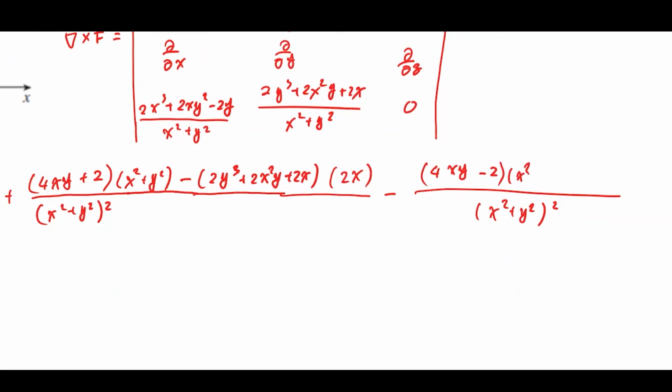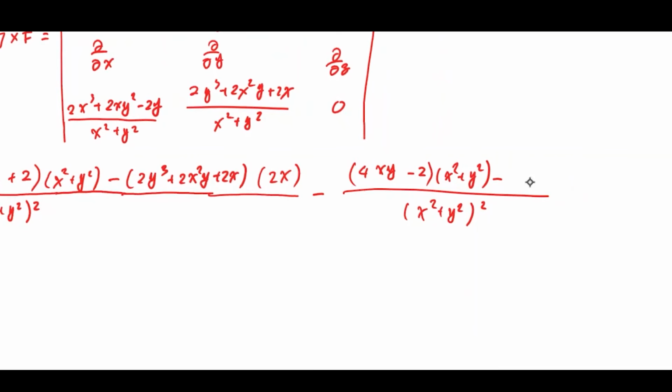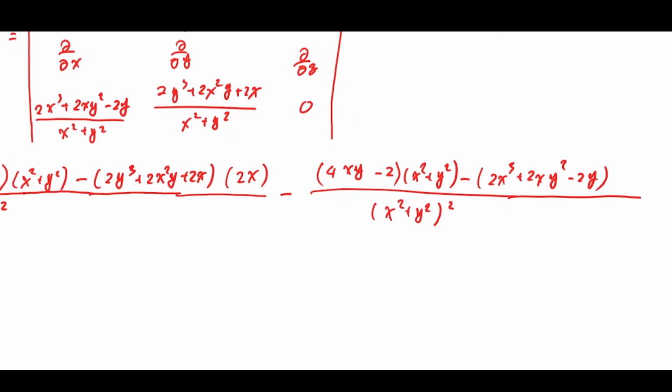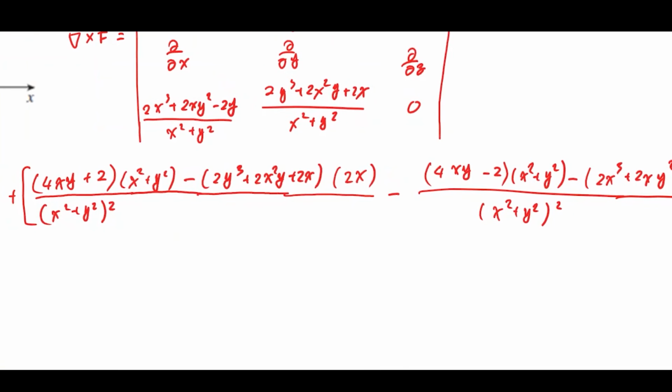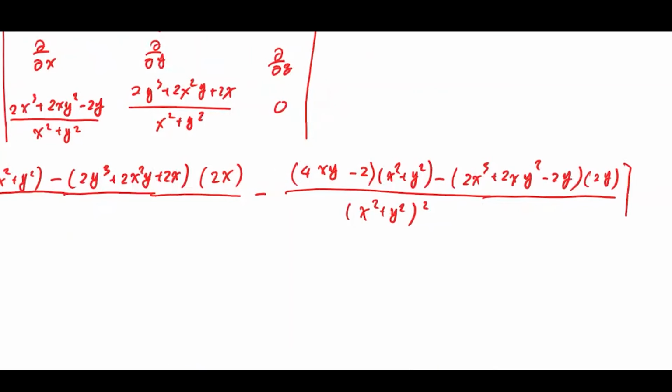Times x squared plus y squared, minus that entire numerator, which is 2x cubed plus 2xy squared minus 2y, times the derivative of the denominator, which is 2y. All of that with k vector. How's that? Very good?